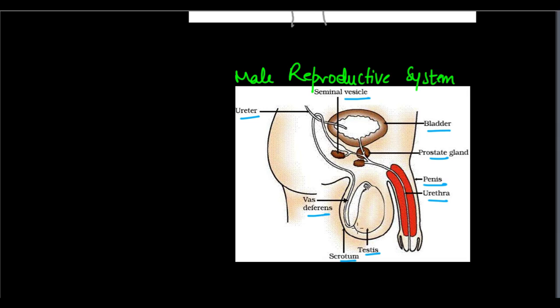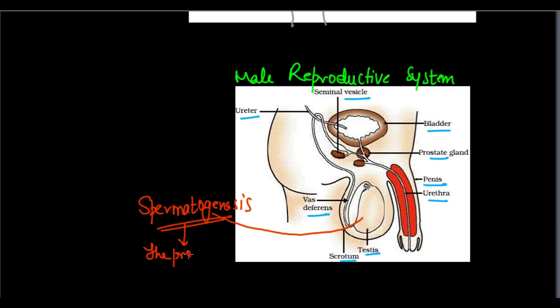The most important part is the testis, and it is in this testis where the process of spermatogenesis takes place, which is basically the process of development of sperms.